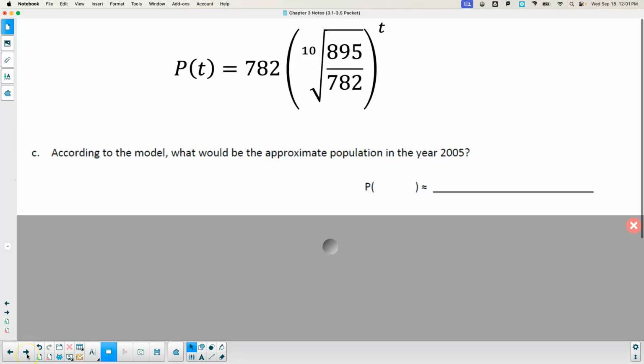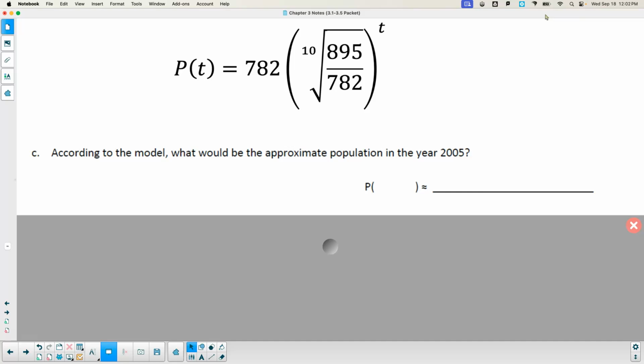Here we go. So we finished yesterday with that function. We all came up with that function for the population growth of San Jose, based off of the data from 1990 to 2000. Okay?